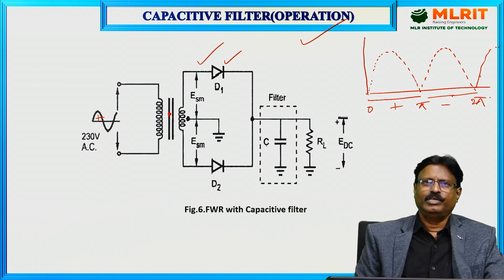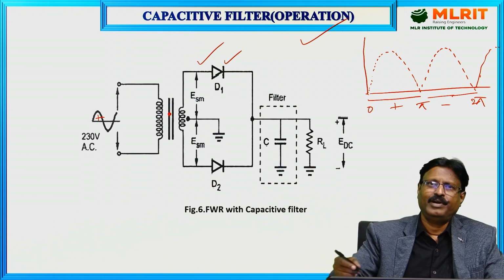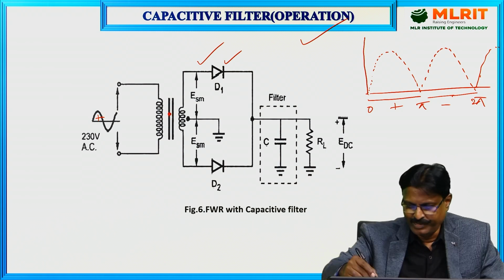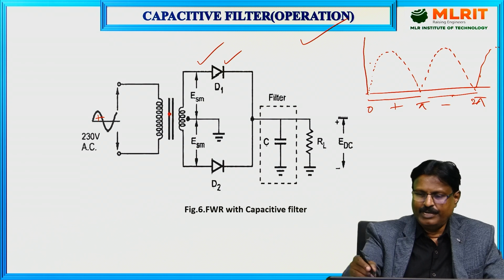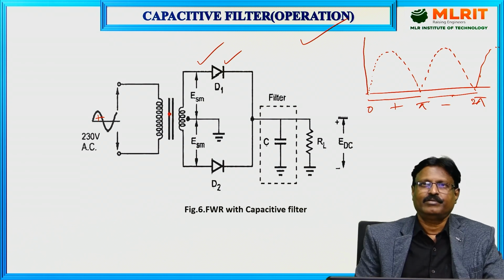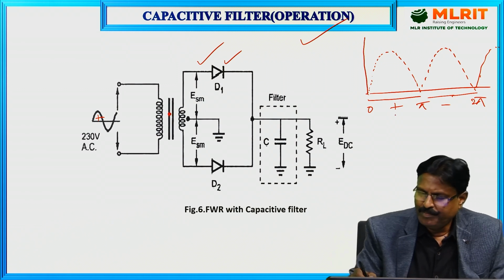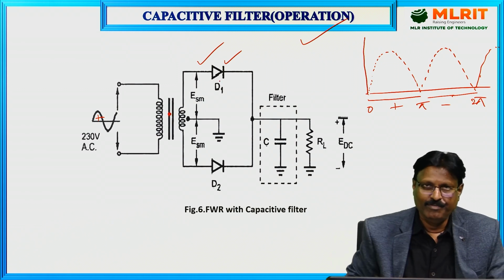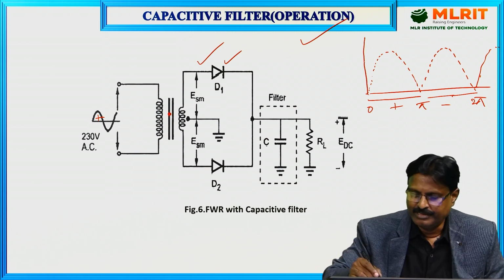Okay, both in the positive half cycle as well as the negative half cycle, the output voltage will be defined for a full wave rectifier. That's why, as you can see here, this dashed waveform is nothing but the pulsating DC output voltage for a full wave rectifier without a capacitor, right? So here, during the positive half cycle, this diode D1 will be forward biased and the capacitor C starts charging like this.